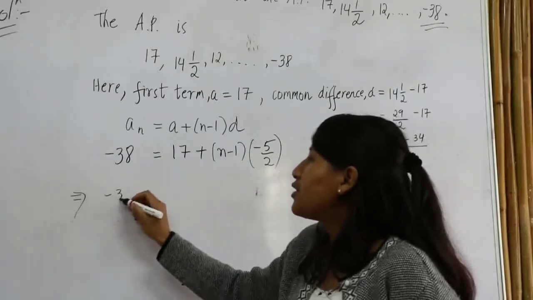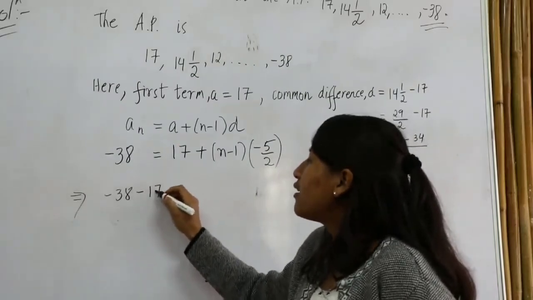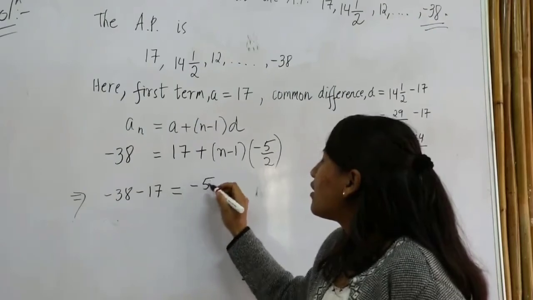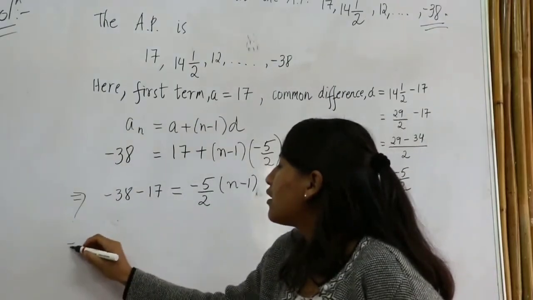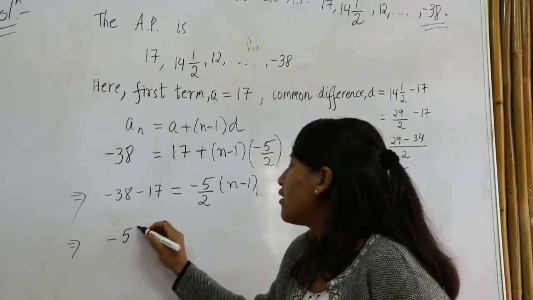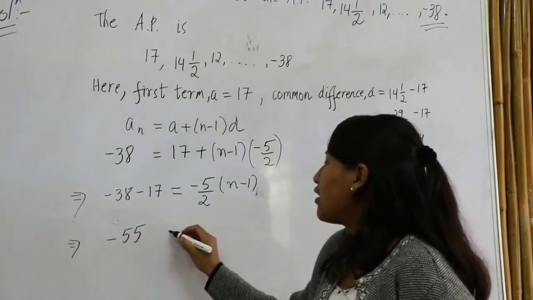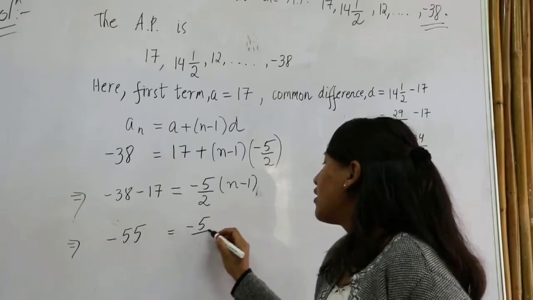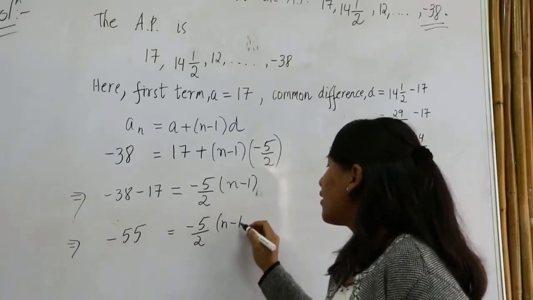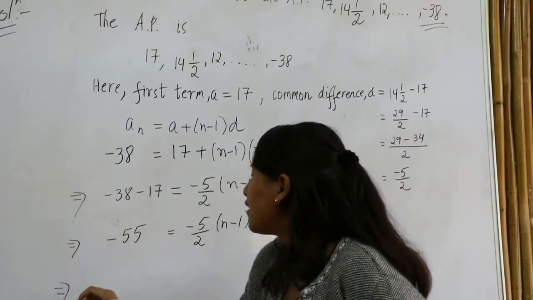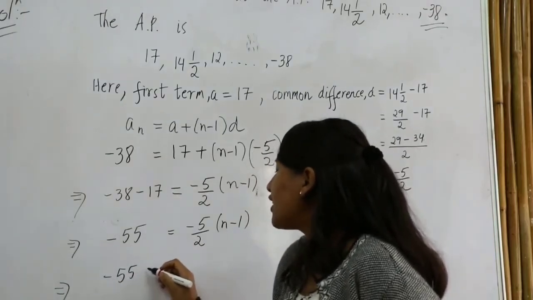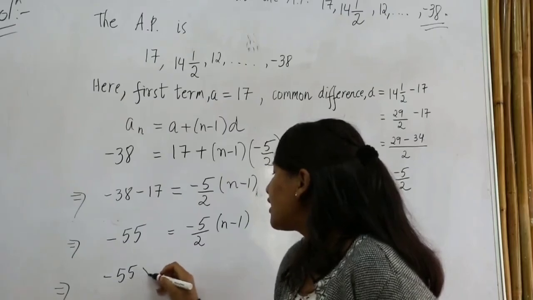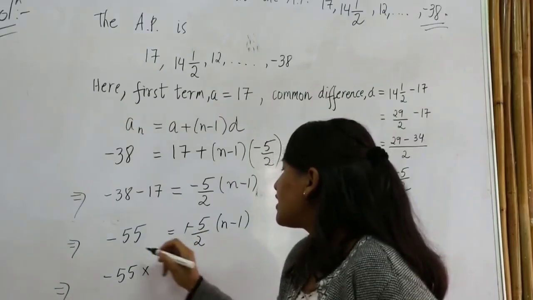Transfer the number to the other side. Then divide by 5 by 2 on both sides, right? So this and this cancel.